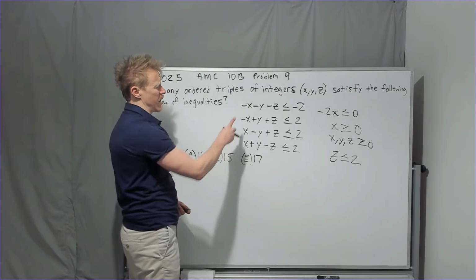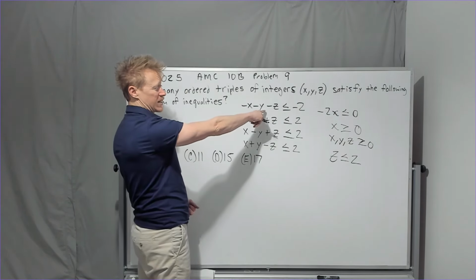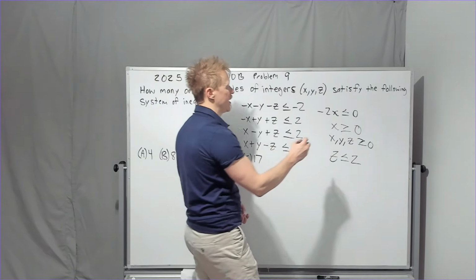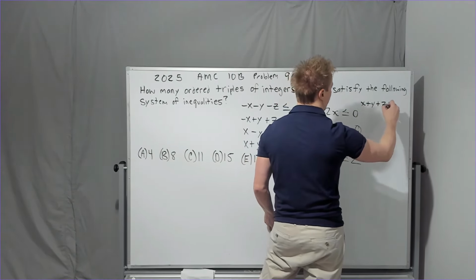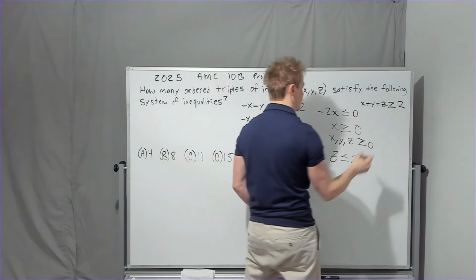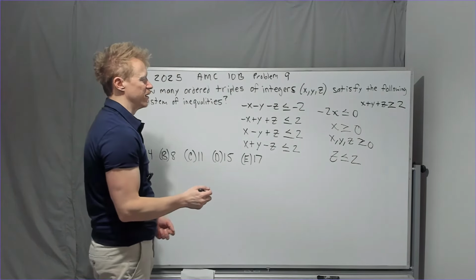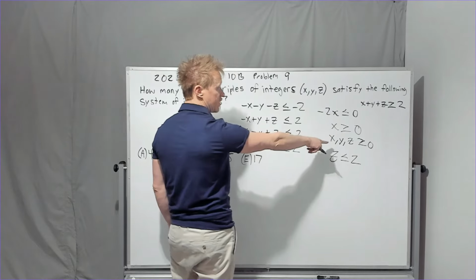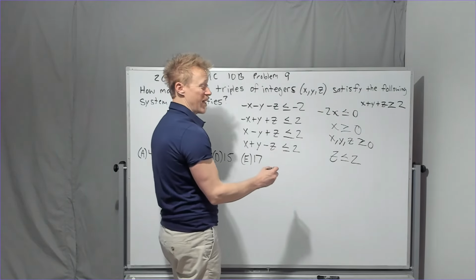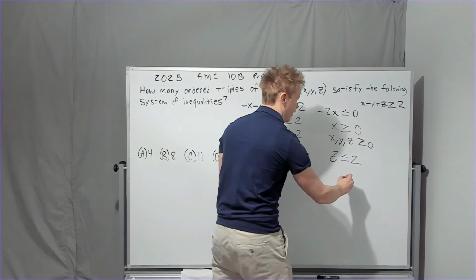The other thing that you might want to do is multiply this top one by negative 1. I know that x plus y plus z must be greater than or equal to 2 as well. So we have x greater than or equal to 0. But in fact, we actually can put them in a compound inequality.